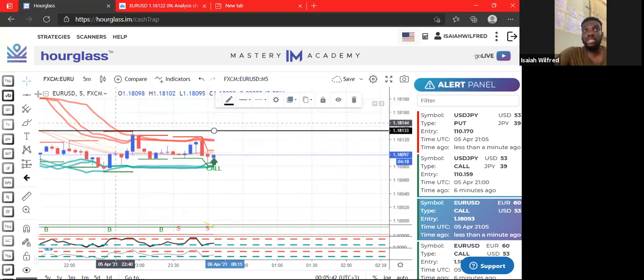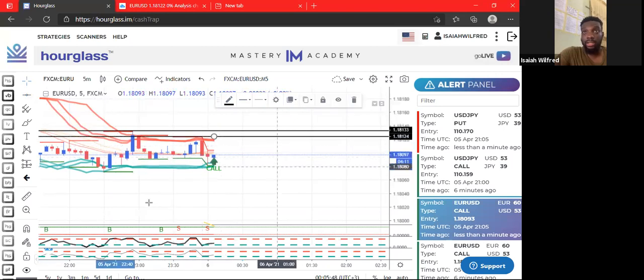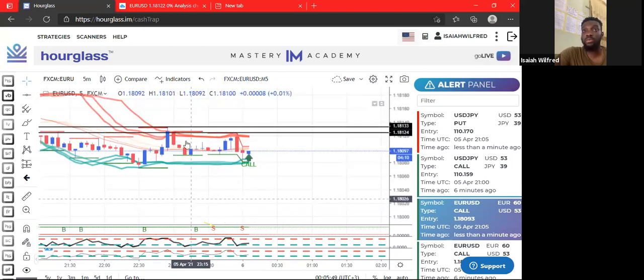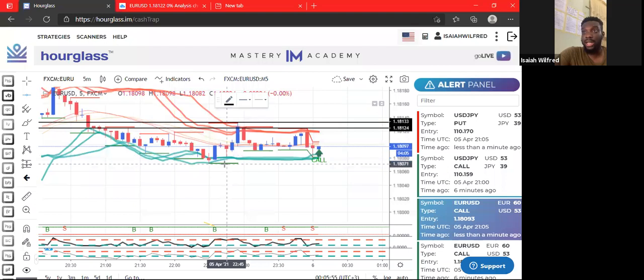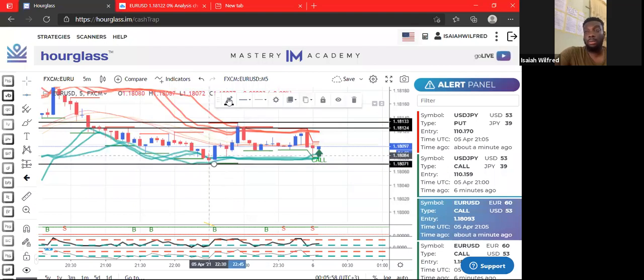I can do the same thing at this point, extend it to the end. These are different resistance points. I can do the same thing for my support. I can come to the very bottom, this green line, and extend it. Maybe I would want to change it to green so that I'm not confused. Then this is how I mark it up.